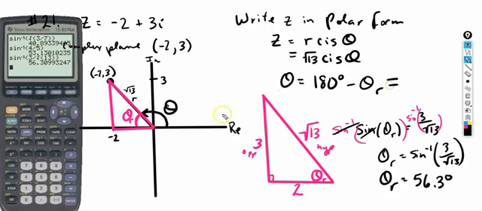And so my angle theta is going to be the flat angle, 180 degrees, minus my reference angle. And when I do that, I'm going to get, sorry, let me do that one more time, 123.7.